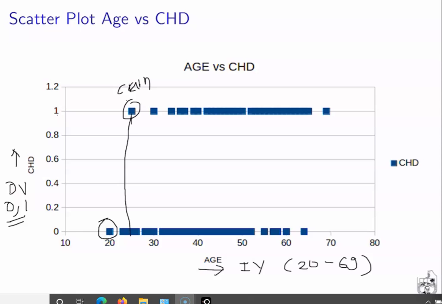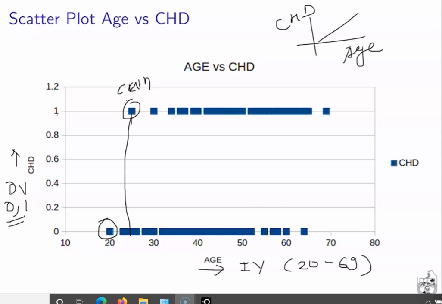By looking at this scatter plot, it is very difficult to establish a relationship, like a linear relationship between age and CHD, and that's why this way of representing the mapping or the function between age and CHD does not help us to identify how CHD and age are related with each other.